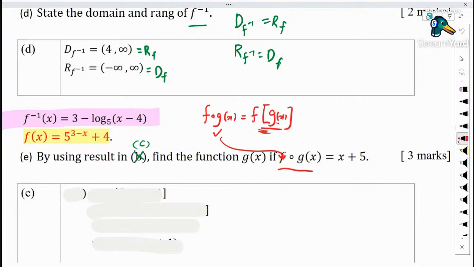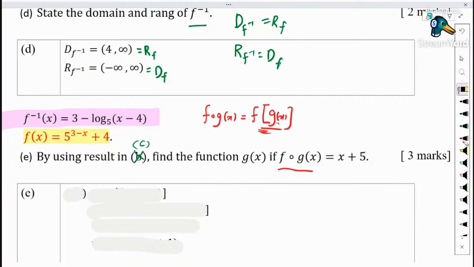So with this idea as a start, sorry, I think this is the expansion for the composite. It doesn't help to solve G. What I actually want to use here is the inverse.